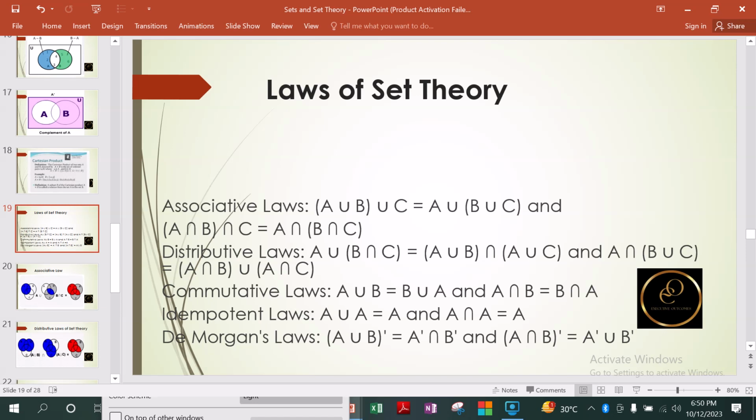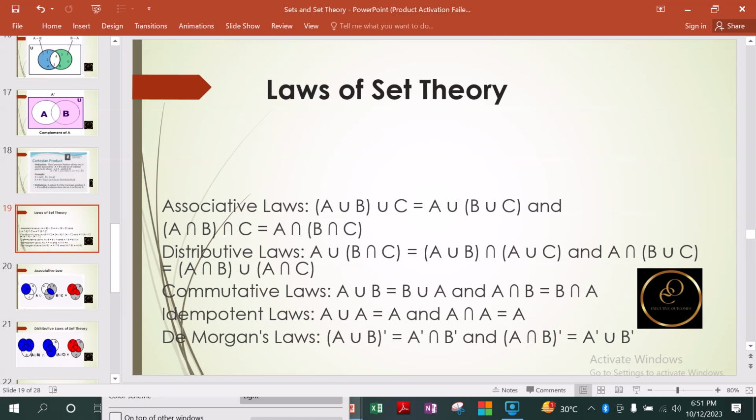Here A is the first, B is the last, but it will still show you the same result if B starts and A becomes last. Equally for multiplication or intersection, you can start with A, then end with B, but the result will be the same as if you start with B and end with A. So that is what the commutative law implies.